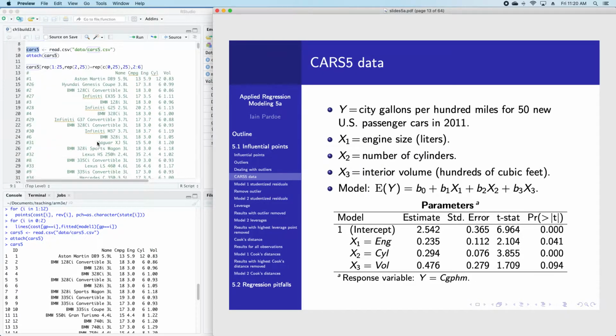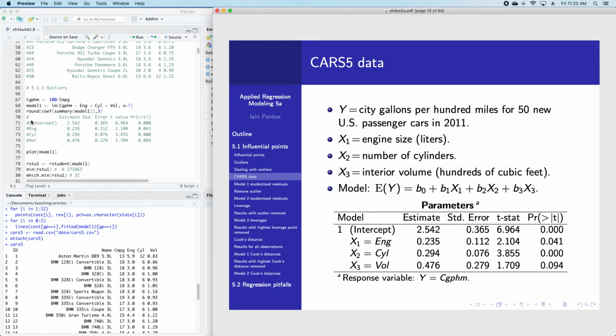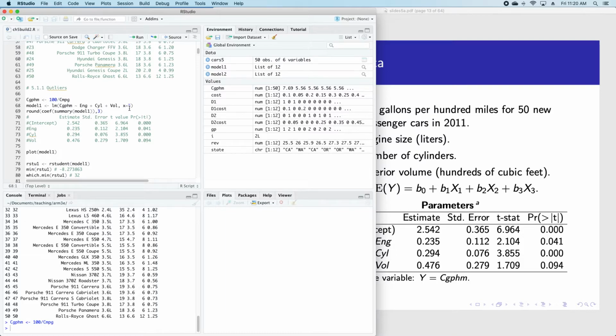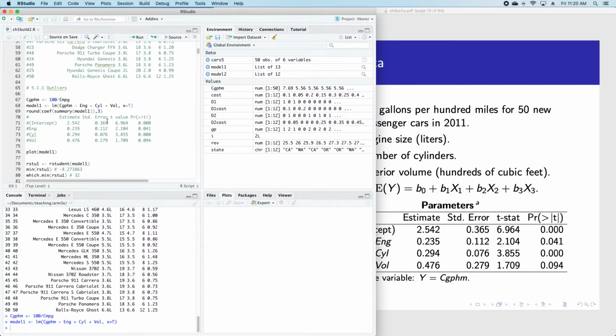The way that we're going to analyze this data is we're going to transform the response variable so that we're looking at gallons per 100 miles instead of miles per gallon. The reason is that from an engineering perspective, it makes more sense to analyze the data this way. So we'll fit a model with the three predictors: engine size, number of cylinders, and volume.